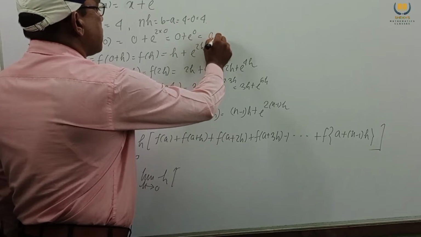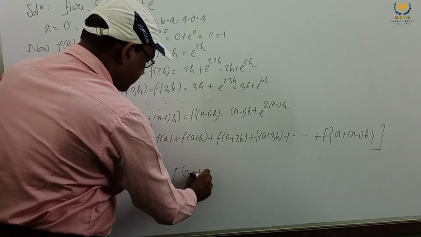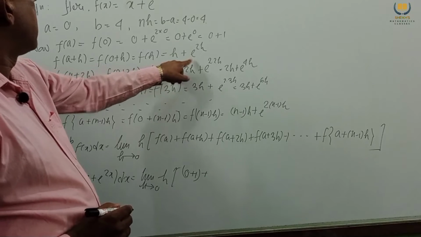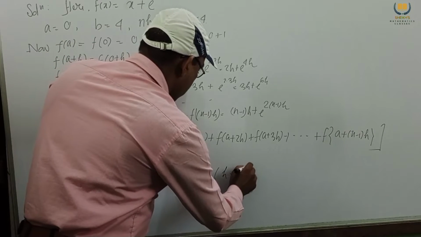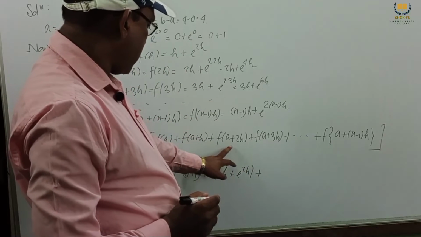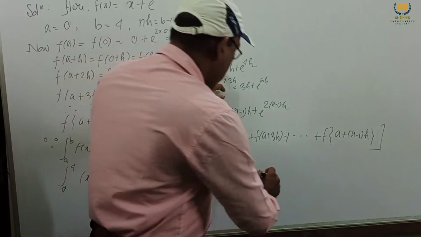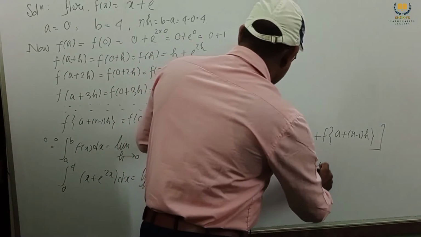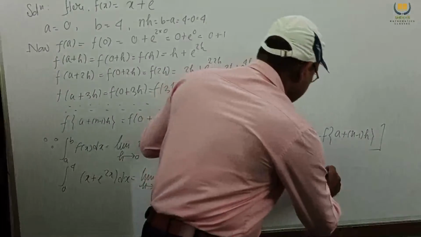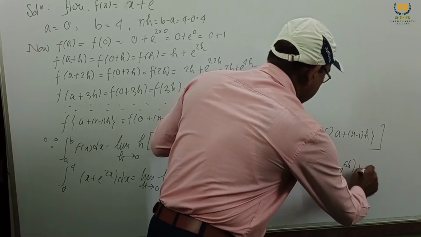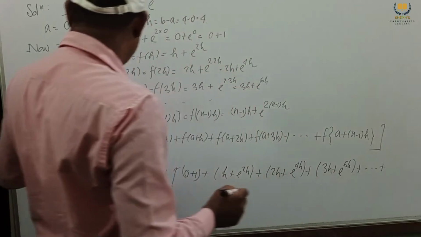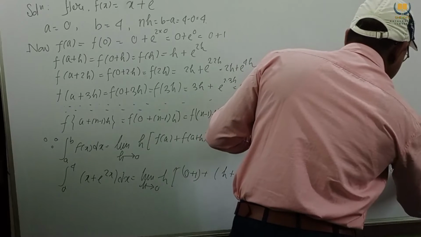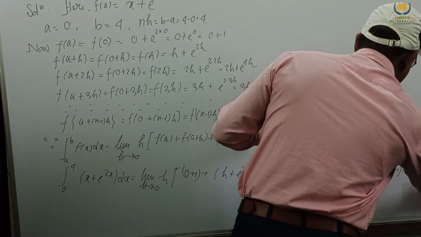Then a plus h gives h plus e to the power 2h, and f of a plus 2h gives 2h plus e to the power 4h. a plus 3h gives 3h plus e to the power 6h, plus and lastly a plus n minus 1 into h, which will be n minus 1 into h plus e to the power 2 into n minus 1 h. We get this one.